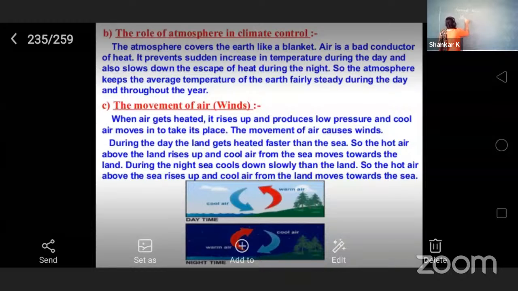These rays are ultraviolet rays. They fall on the atmosphere, and the atmosphere converts these ultraviolet rays into infrared rays.